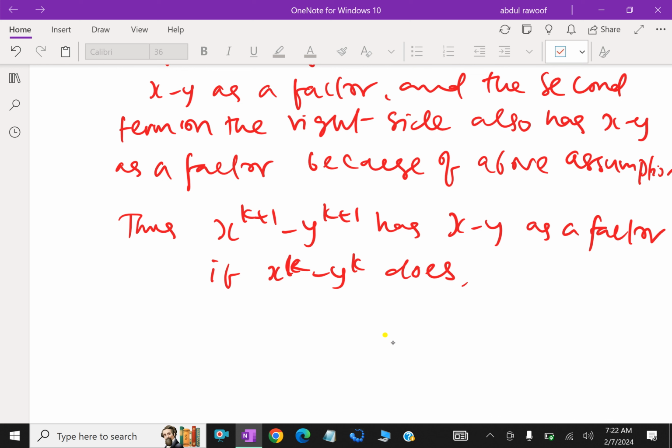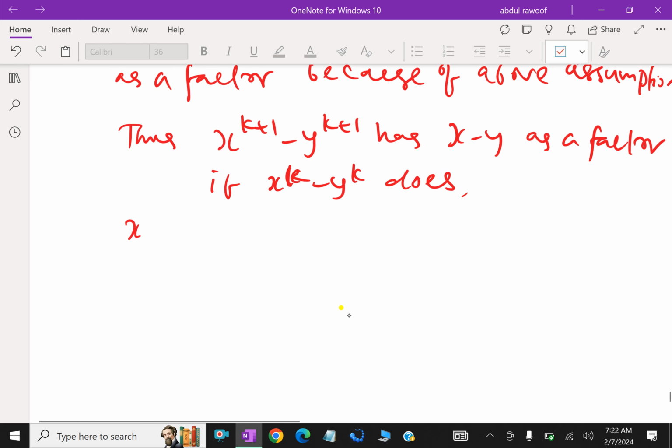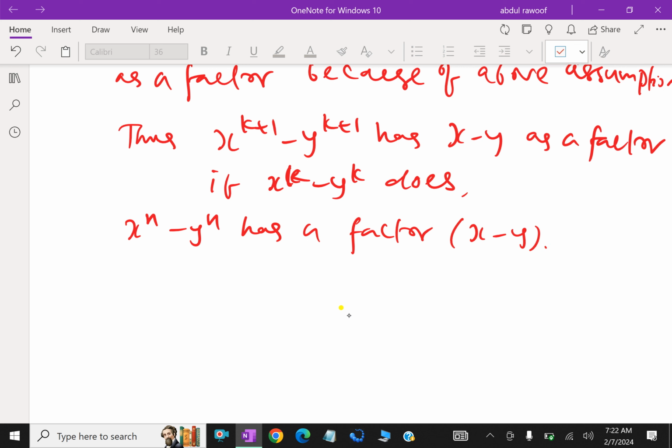Therefore, it follows that k may be any positive integer. Suppose k is 3, x cube minus y cube, then x minus y is a factor. Then x power 4 minus y power 4 has a factor of x minus y as follows. Therefore, we can say x power n minus y power n has a factor x minus y. Hence proved.